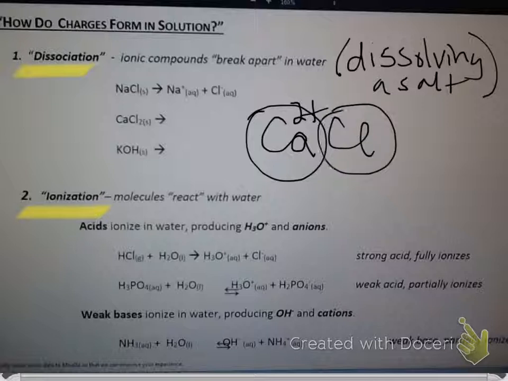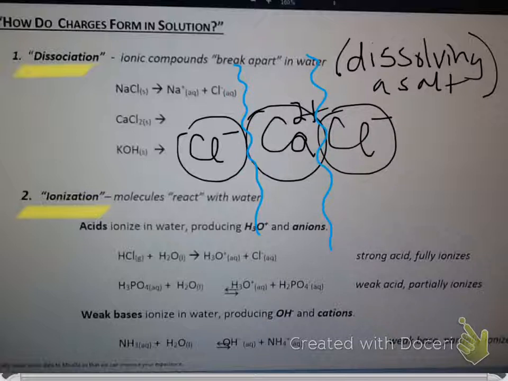So here's a chloride, and here's a chloride. The 2 chlorides with -1 charges counteract the positive calcium with a +2 charge. So this would be the solid state of the ion in simplest form. The salt is all solid, held together. When we put this compound into water, it dissolves, so the ions dissociate from one another, and the calcium ion is freed from the chlorides.